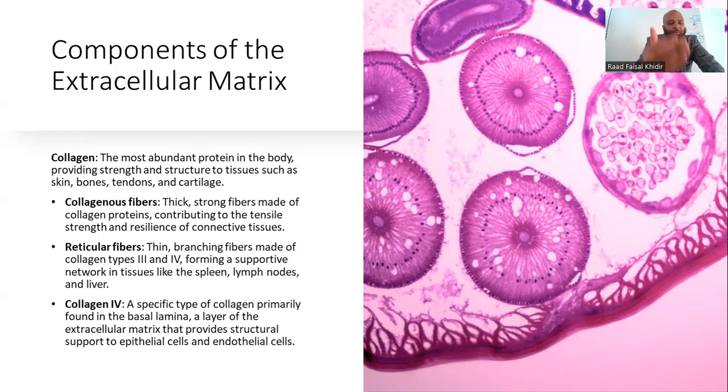So you don't have to know all of these different types of proteins. You just need to appreciate that collagen has tensile integrity due to the presence of these different types of fibers. There's collagenous fibers, there's reticular fibers found in the spleen and collagen type 4, but that collagen is the most abundant of all the proteins in our body.